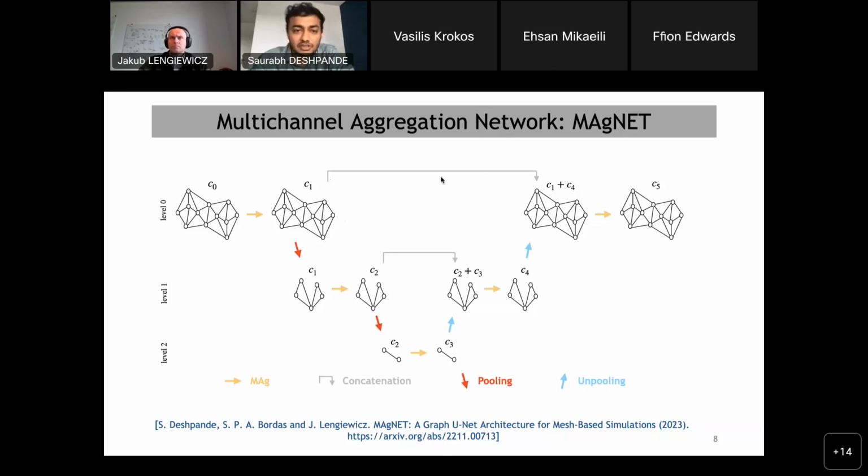And you have these concatenation links in between. They are used first to avoid the problem of vanishing gradients, and also to pass information from earlier layers directly to final layers, which helps make the learning procedure easier. I found them quite important, particularly for the MAG layer.